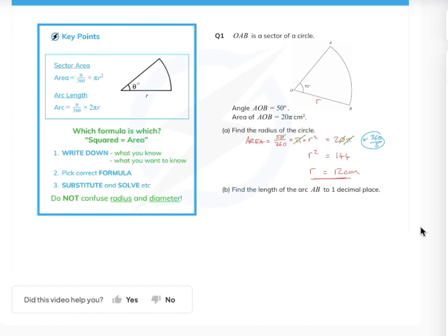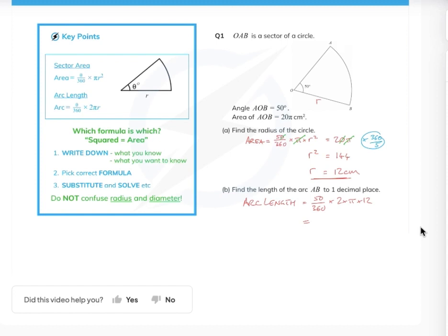So we've used the formula backwards, as it were, but as ever, we've just written down the formula and put in the numbers we know. Now we're asked to find the arc length, and the arc length is just theta over 360, so that's 50 over 360 times 2 times pi times 12.